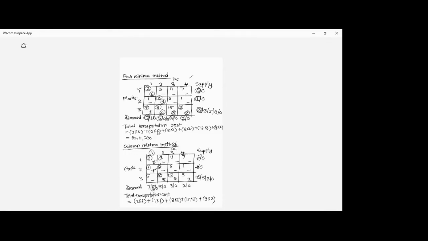So the total transportation cost that you get is how much? It comes out to be 116, so that means it is 11,600.